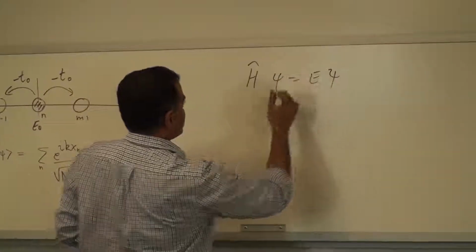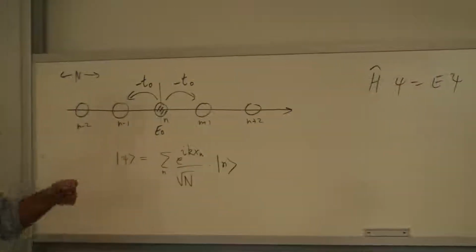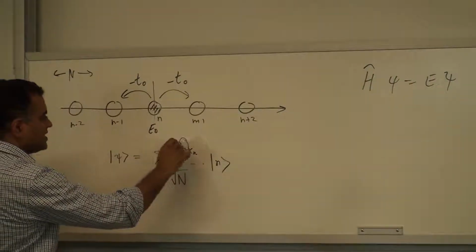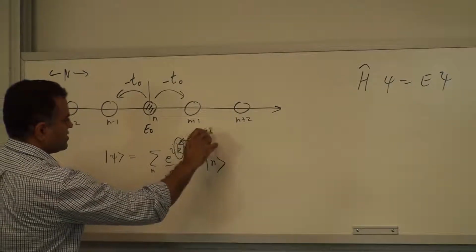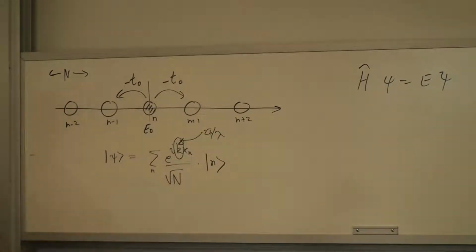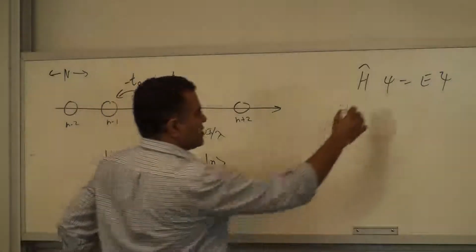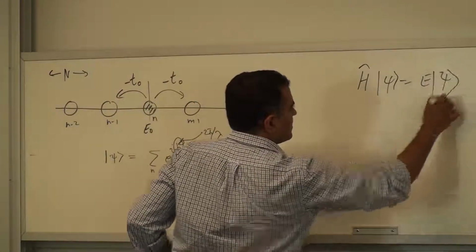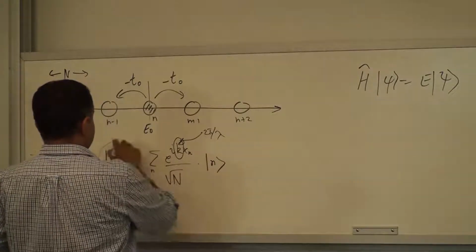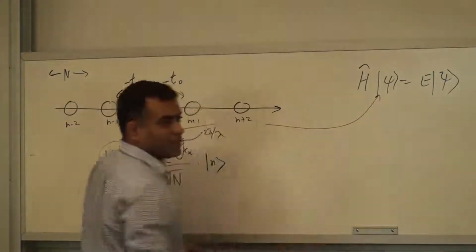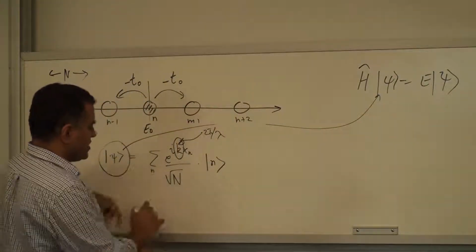And when you try to solve for the eigenvalues to get the band structure, what you want to do is say that if this is a wave vector, which is effectively 2 pi by the wavelength of the electron, what are the energies allowed for the electron in this sort of periodic situation with on-site energy E0 and minus T0, right? So here, in the single particle picture, I can take this and basically plop it in there, right? And then this is, by the way, your Bloch theorem, right?